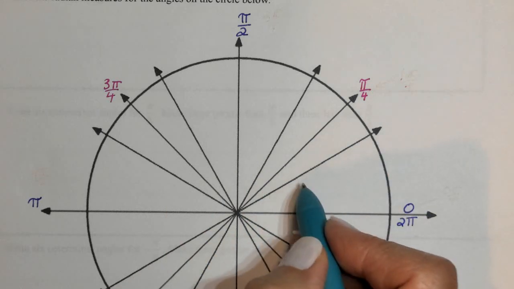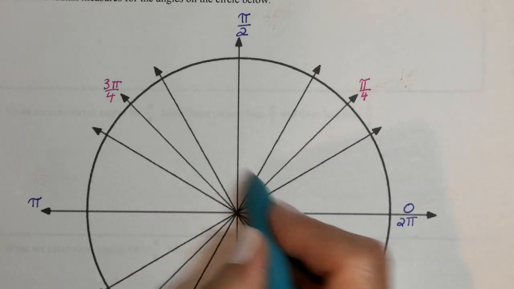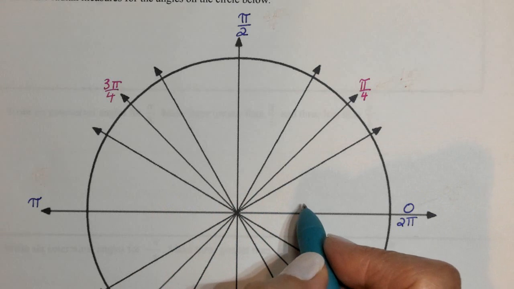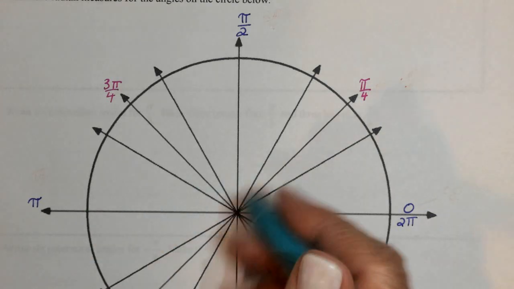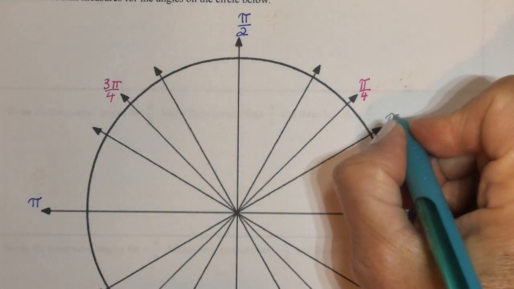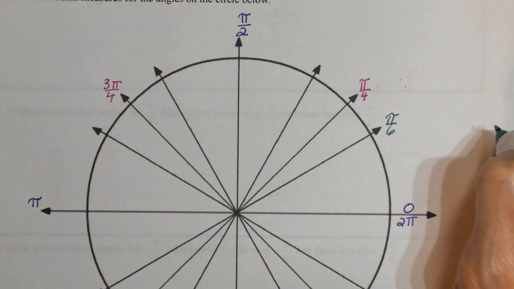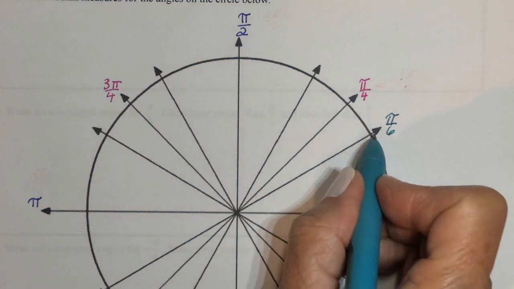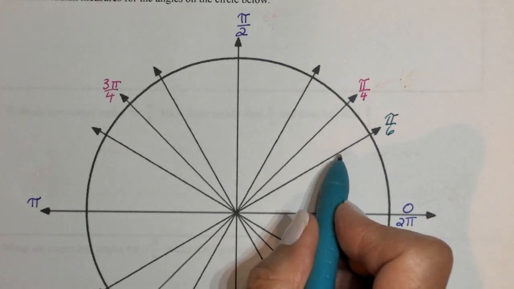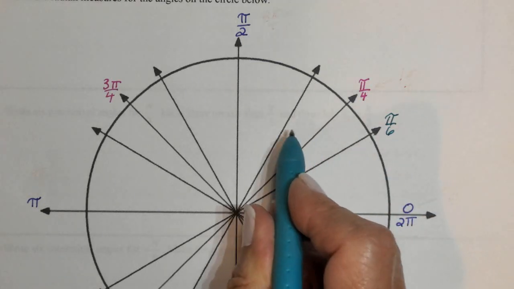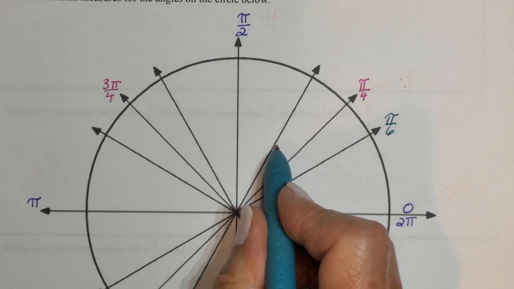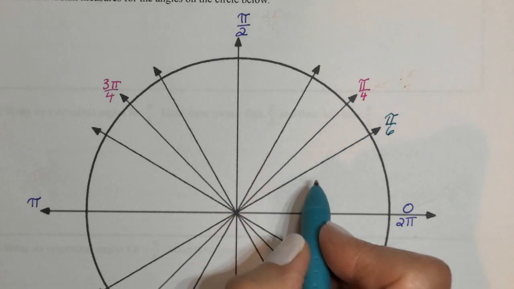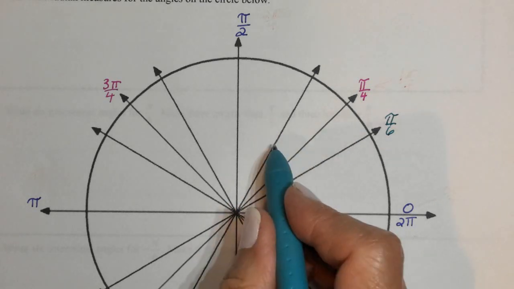So what would be 1/6 of pi? Pi over 6. That would be 1/6 of pi. Yeah? If we go to another 30 degrees, we're up to here, yeah? So it's another 1/6 of pi.